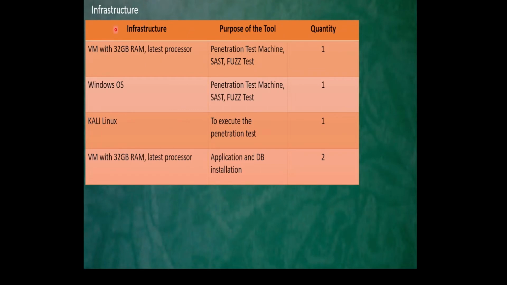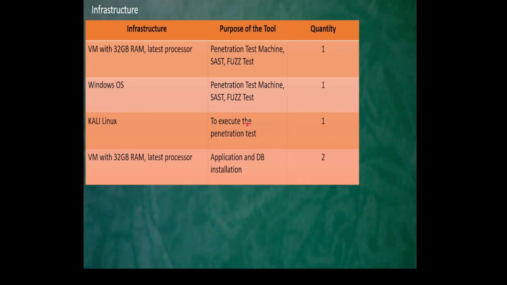Okay, when we create the security proposals, we need to consider the infrastructure requirements also for the security activities execution. For example, the infrastructure here we considered is a VM with 32 GB RAM with the latest processor. The purpose of the machine: penetration test execution, SAST execution, fuzz test execution. Quantity here mentioned 1.